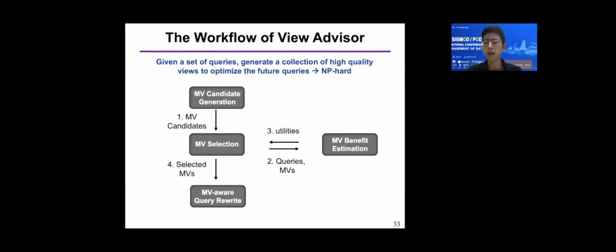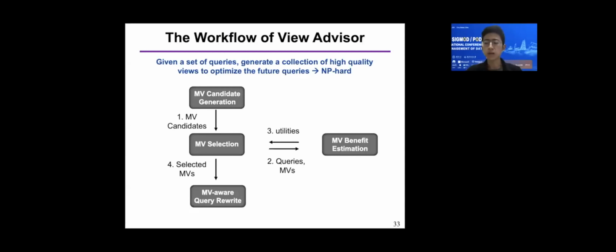So let's first see the workflow of automatic view advisor. Given a set of queries, the view materialization just generates a collection of high-quality views to optimize for the future queries. It includes extracting the common subqueries, then estimating the performance and selecting from the subqueries as materialized views, and finally, rewriting the queries with materialized views.